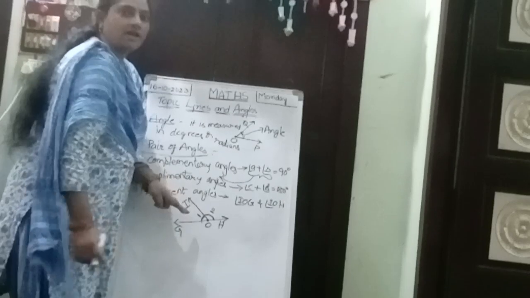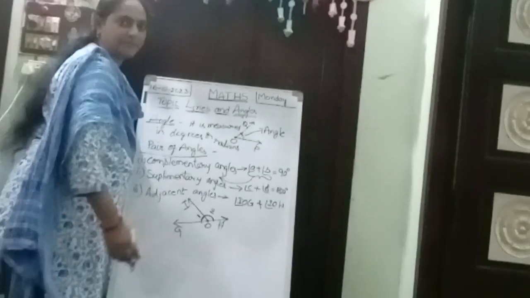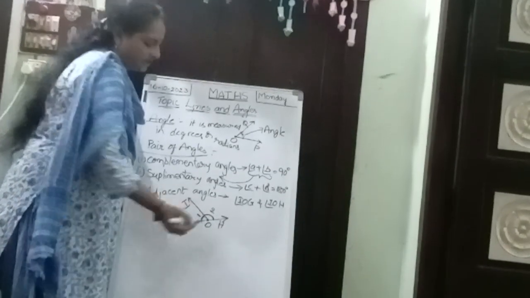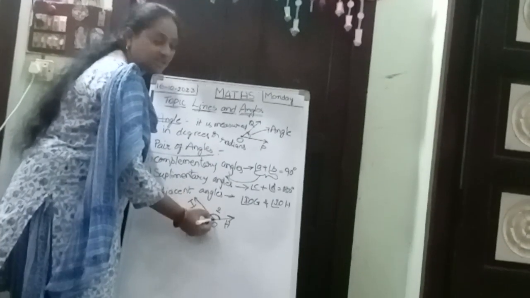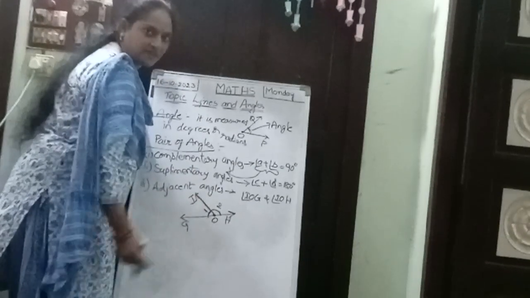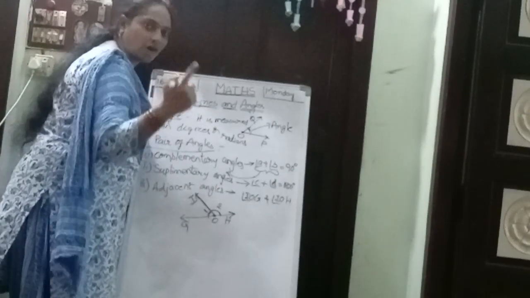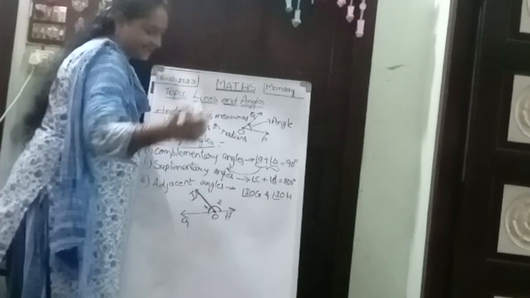So here IOG and IOH are adjacent angles. That means adjacent angles have one common vertex and a common arm. The angles which have one common vertex and one common arm are called adjacent angles.